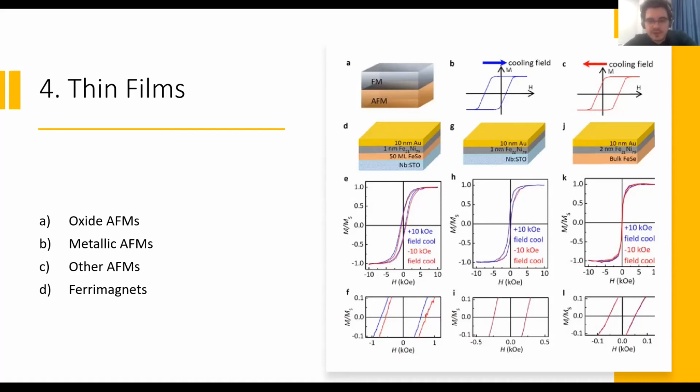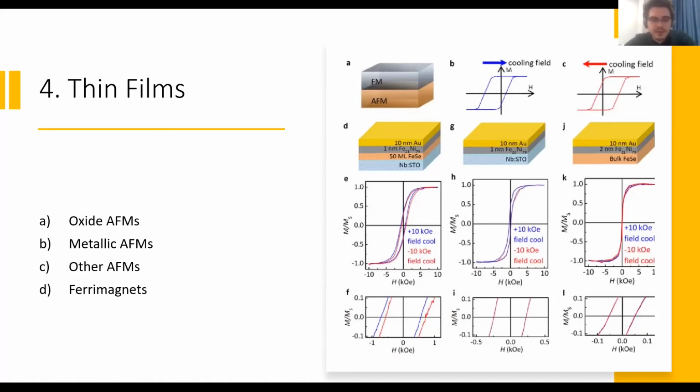It's relatively high compared to that time's technology. Other AFMs include non-oxides and non-metallics like nitrides, fluorides, and sulfides. They are also hard to measure, like in the oxide case, because of the grains and other characteristics.